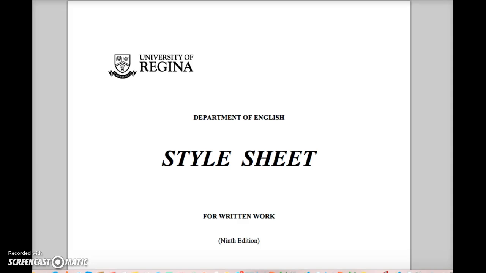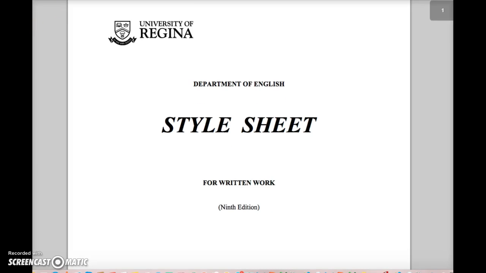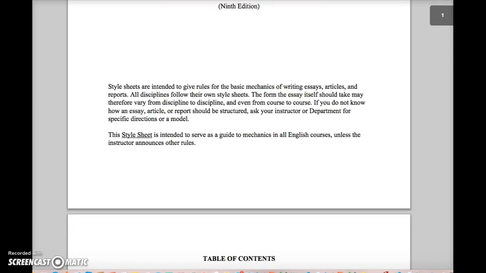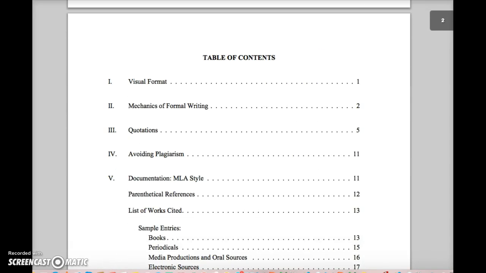So once you click on the link, you should get the style sheet pop up on your page. And just scroll through it in your own time. You can read it more carefully, but the style sheet gives you all the information you need for what your paper should look like.